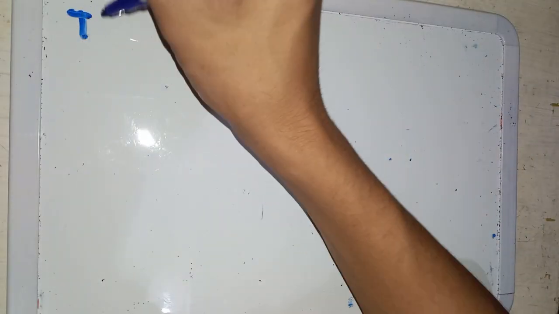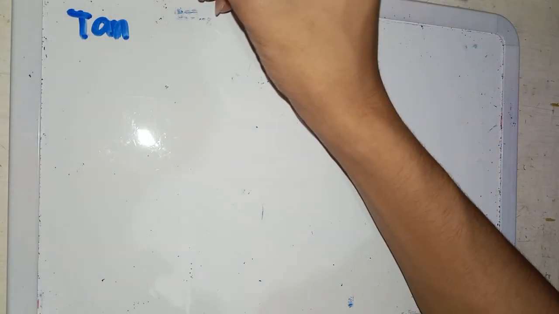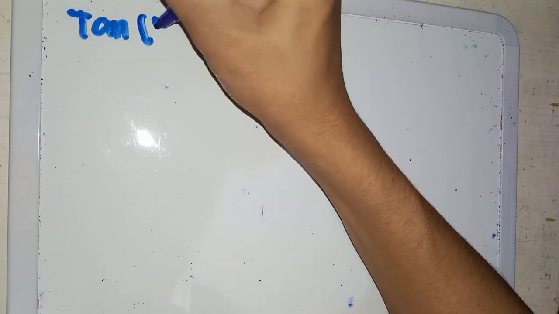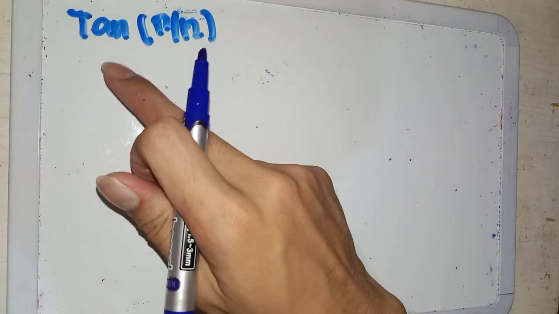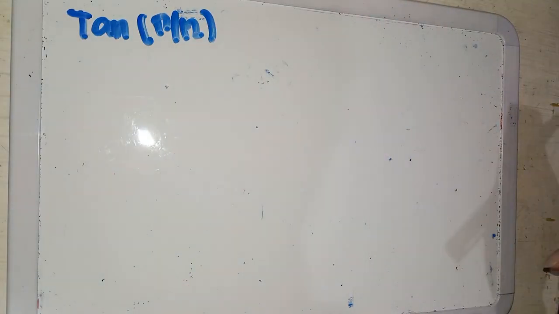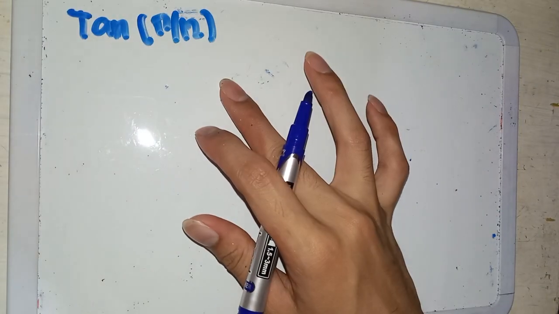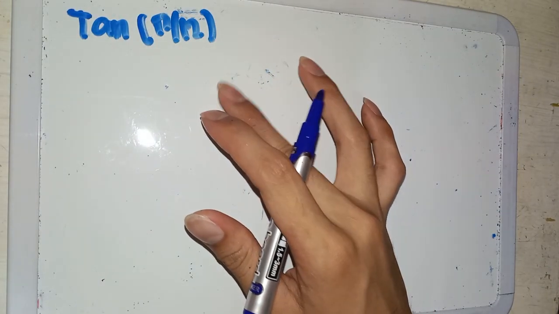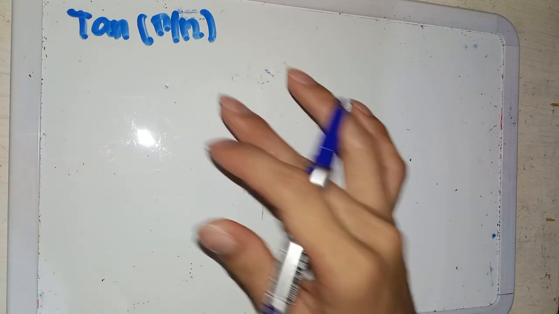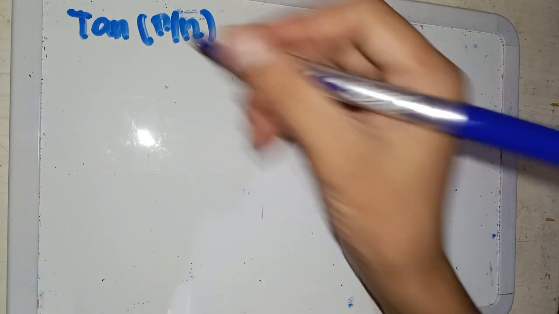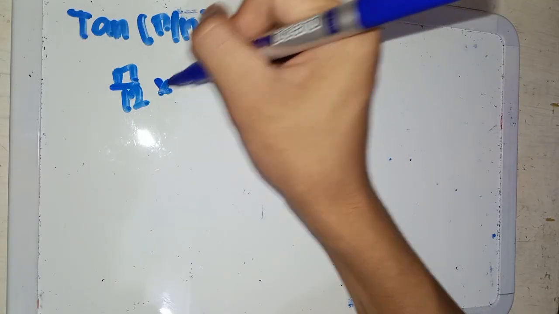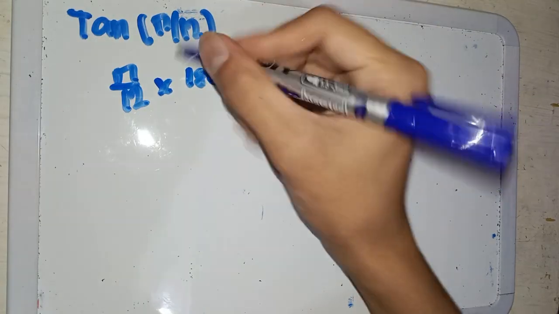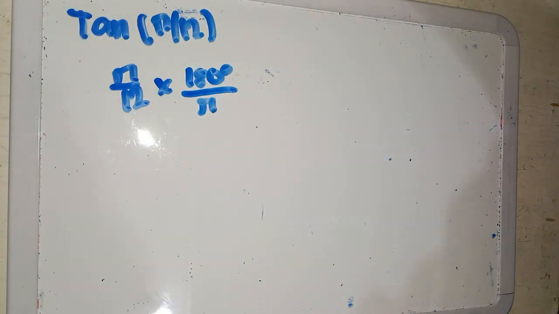So another example, we can try tangent pi over 12. So we need to evaluate tan pi over 12. The first thing we should do is convert angles from radians to degrees. To do that, we need to multiply pi over 12 times 180 degrees over pi.